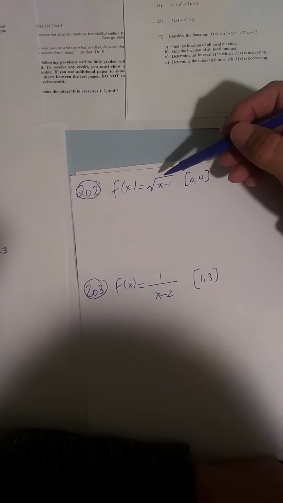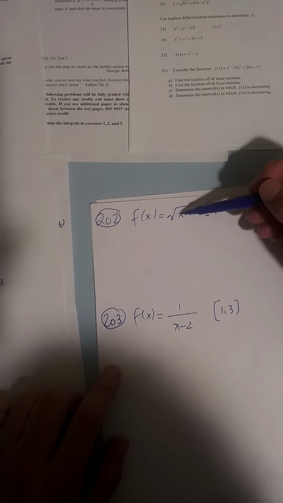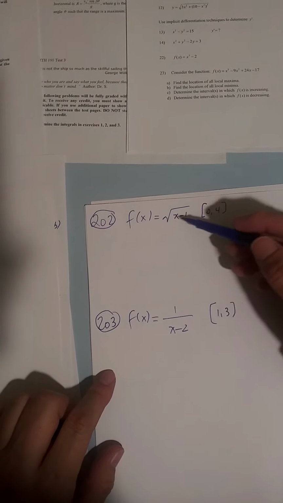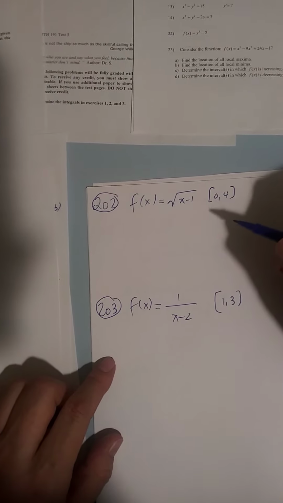202, f of x equals square root of x minus 1 between 0 and 4. Well, let us check. If you substitute the lower limit, the left limit of this interval in for x here, you end up with square root of 0 minus 1, which is square root of minus 1. That is not defined. So f is not even defined.